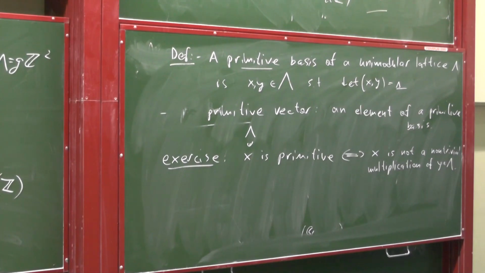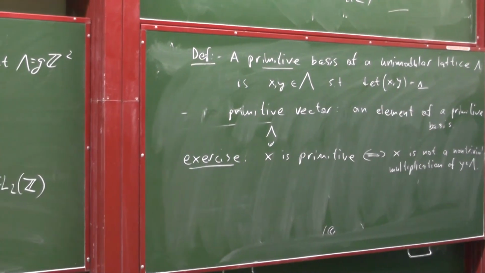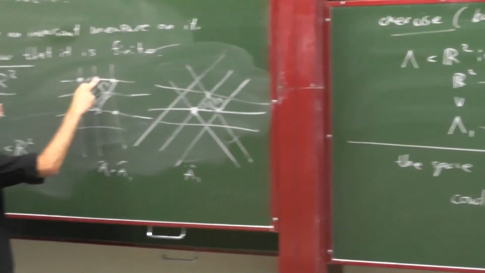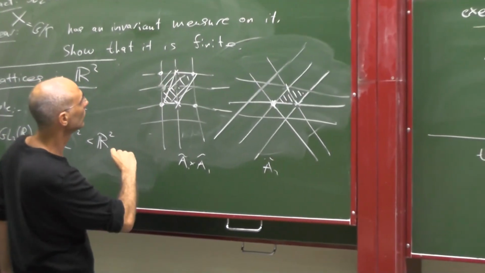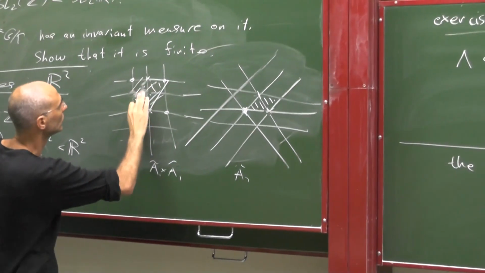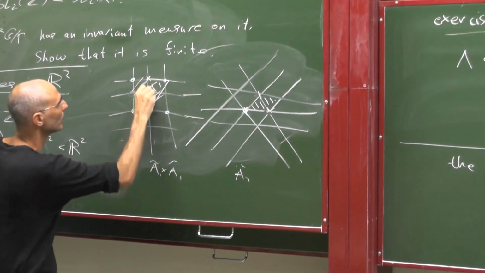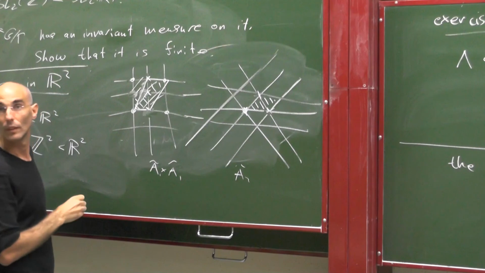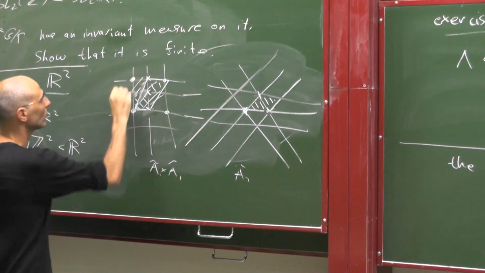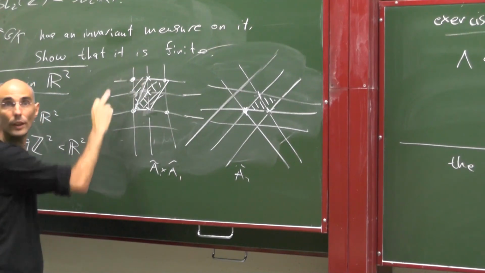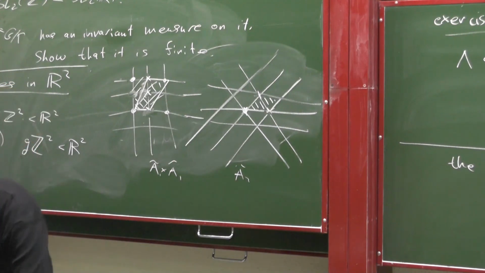This is primitive. This is not. Okay? Sorry, what am I saying? This is primitive as well. This one is primitive because it appears here, for example. So this one is not. Okay? So solve this exercise, it's easy.